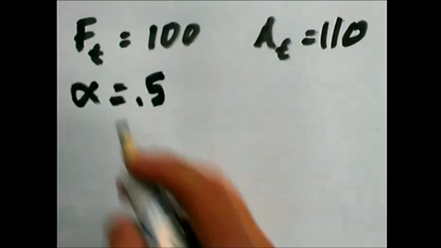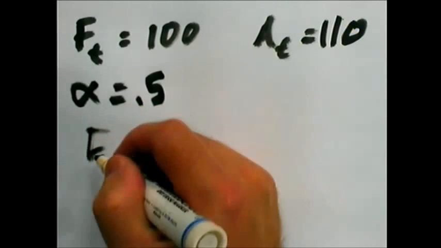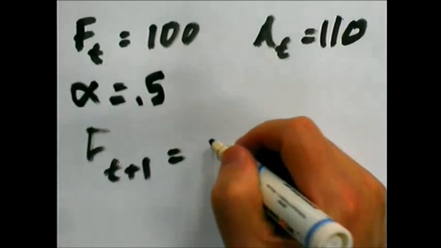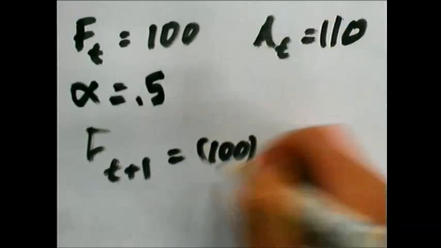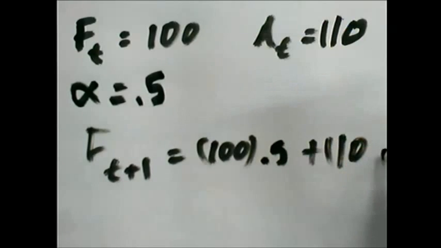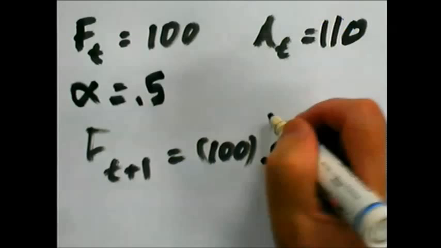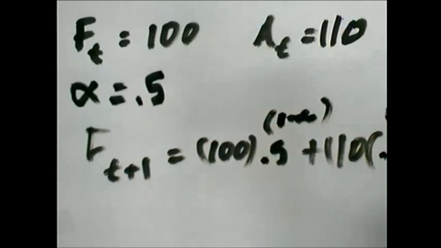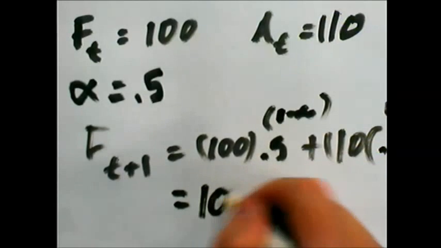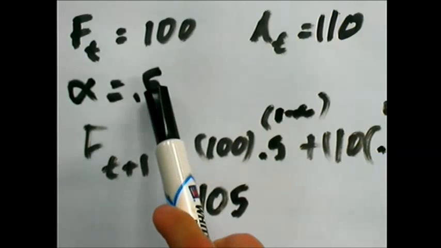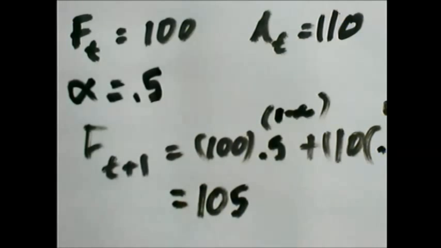What I would do is my forecast for the next period would be 100 times 0.5 plus 110 times 0.5. This is 1 minus alpha, and this is just alpha, and that would be 105. So you adjust your forecast based on your actual. And the alpha tells you how much you take from your forecast versus how much you take from your actual.